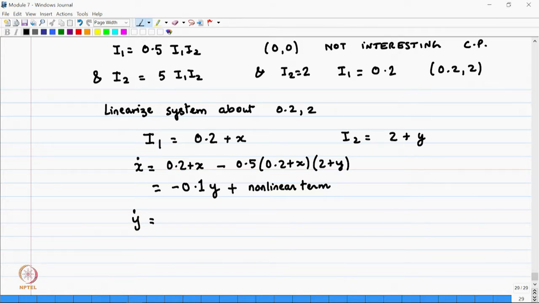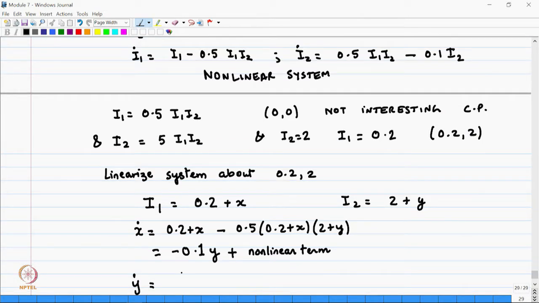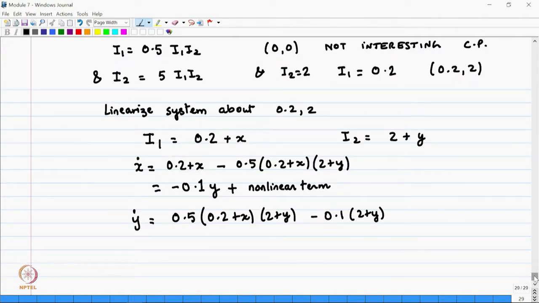And if you look at y dot, y dot is 0.5 times 0.2 plus x, 2 plus y, minus 0.1 into 2 plus y. Okay. And in this case again you will find that the factor of 0.5 into 0.2 is 0.1, 0.1 into 2 is 0.2.